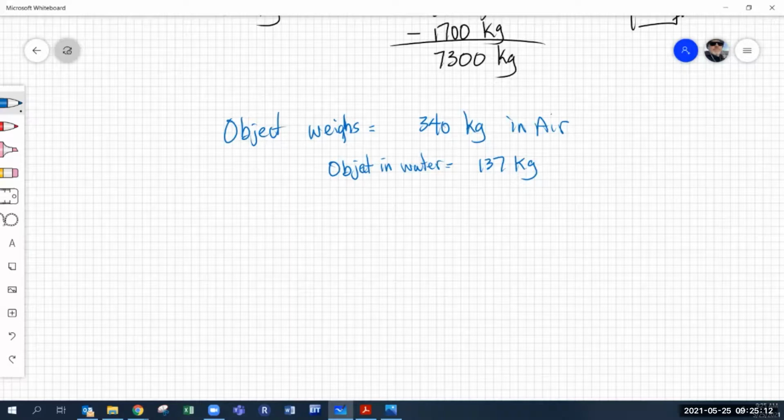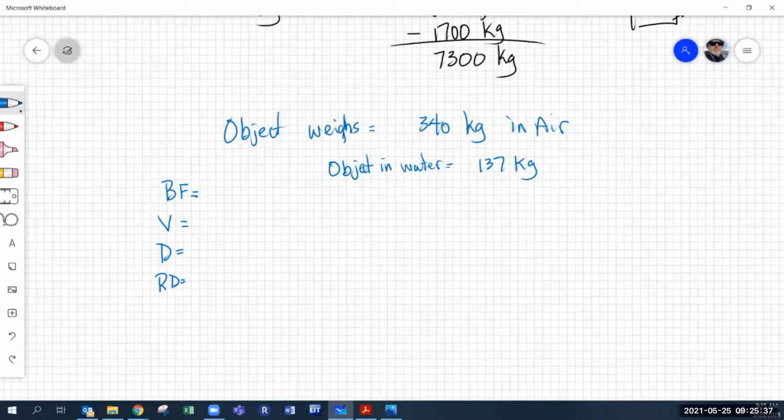Okay. So now I want to know the buoyant force. I want to know the volume of that object. And I want to know the density of that object, and I want to know the relative density of that object.